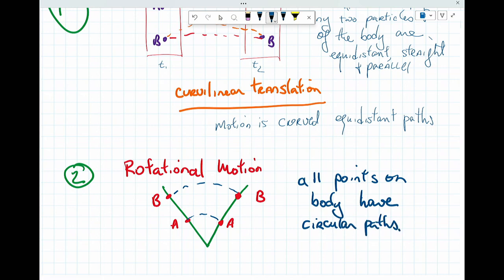And you've been dealing with this a little bit when you've been looking at angular motion. So you've calculated omegas for a number of different things already at this point in the course. This is sort of taking all this together.